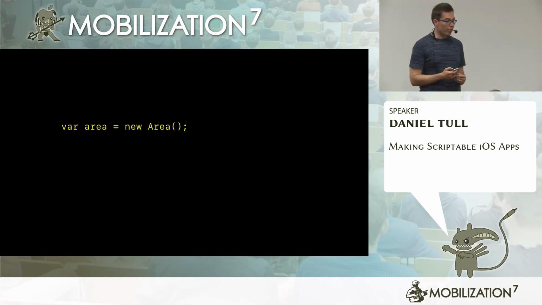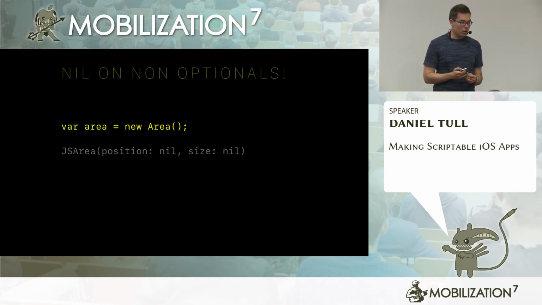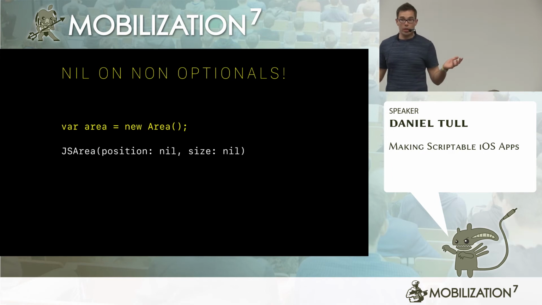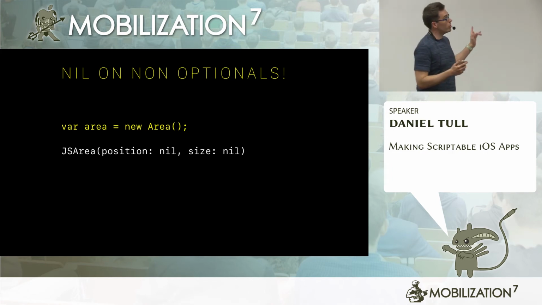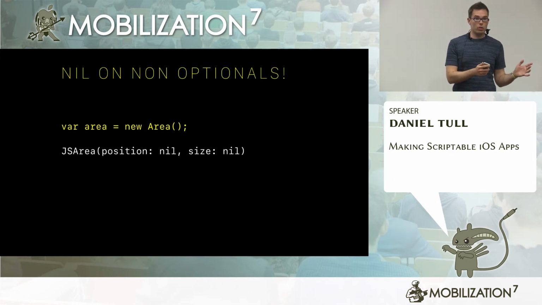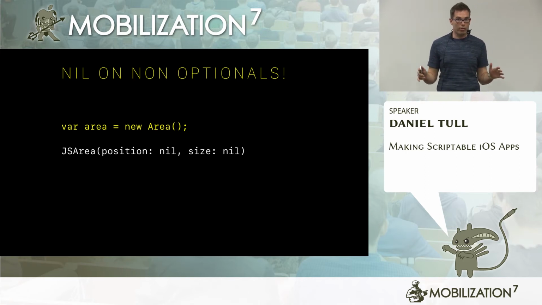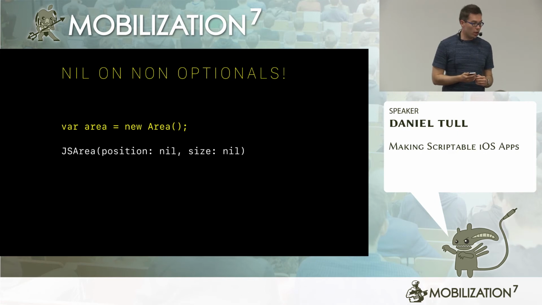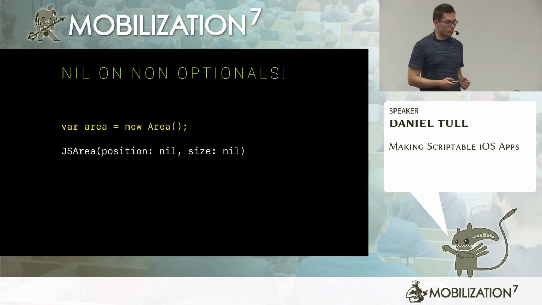When we create a new area without any parameters here, JavaScript core just goes, OK, that's fine. And bear in mind, all of this JavaScript is JavaScript that will run and work without errors by default. It will just assume that you meant, oh, OK, give it no values for these things. So JS area will get a nil position and a nil size.